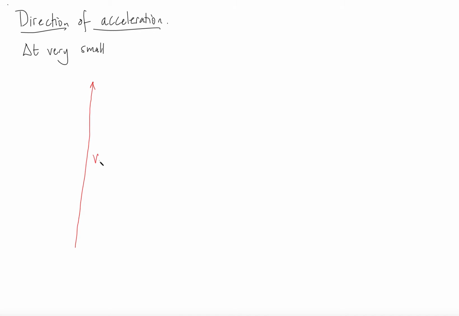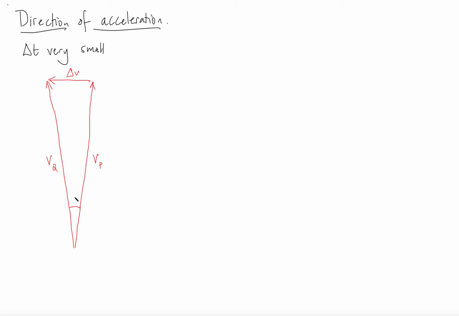Here we had the vector vp, here is vector vq, and here's the change in velocity.